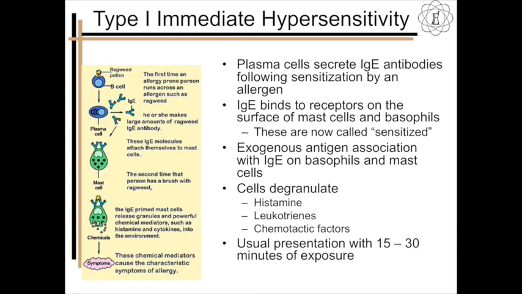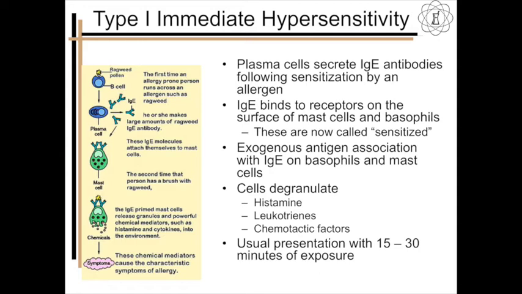And a mast cell is another one of those cells that releases a whole bunch of stuff like histamine and cytokines and other mediators that are basically going to try to get the body to say, wait a minute, we need to fight off this issue. And when those cells degranulate and they release all of these factors, it's the chemical factors that usually cause the characteristic symptoms of an allergy.